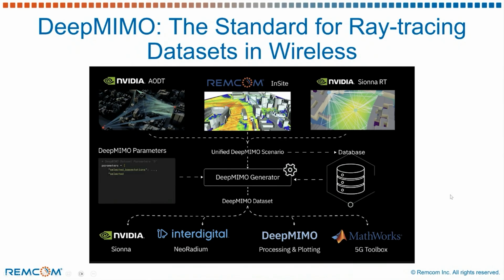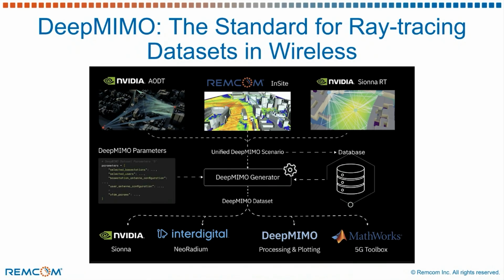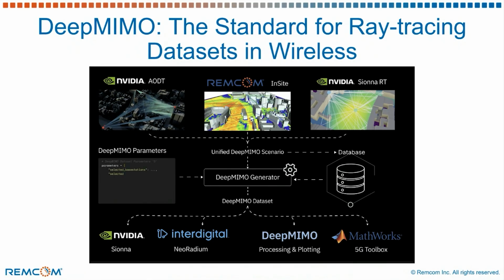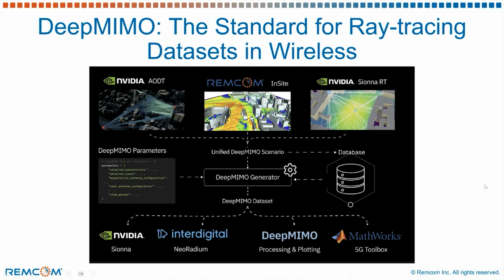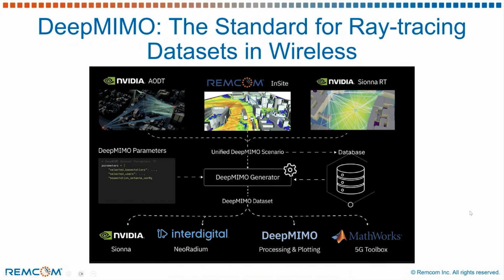As we mentioned earlier, the promotion of machine learning datasets, including the support for academia to develop models, namely DeepMIMO, which has become the standard for ray tracing datasets for wireless communications, led by Arizona State and Dr. Ahmed Alkhateeb, utilization of Wireless InSite for the past many years, and now the support for NVIDIA ray tracers, feeding those into post-processors, including DeepMIMO post-processing, NeoRadium, and the 5G Toolbox from MathWorks.